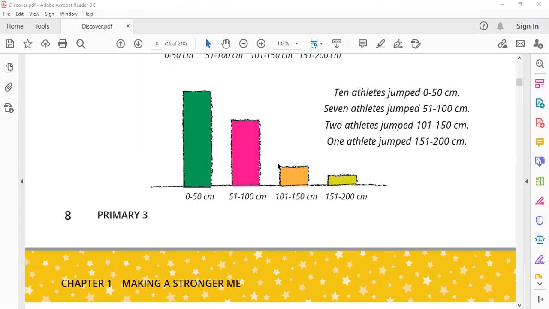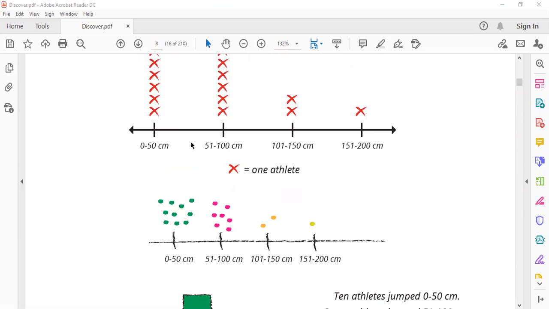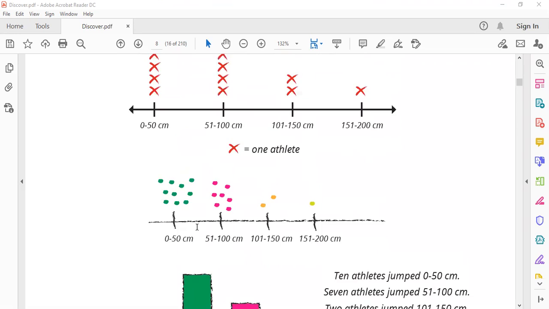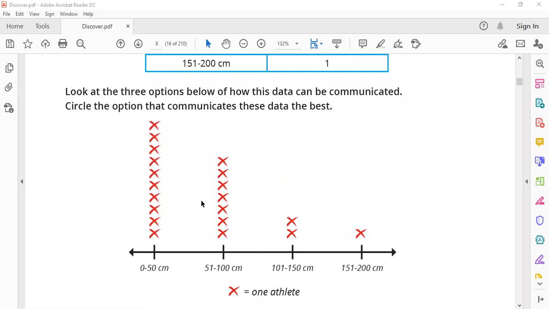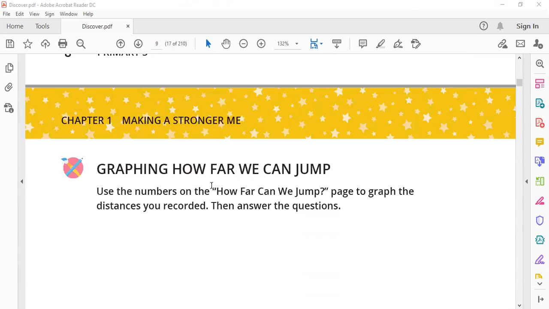So I don't understand that. And also, the shape doesn't help me to count the number. I can't count here 1, 2, 3, 4, but in these shapes I can count. So the best shapes here are the first one and the second one.